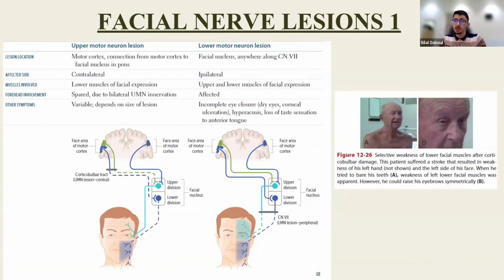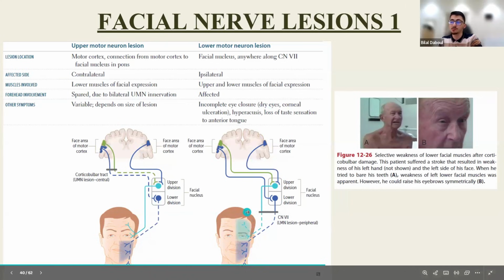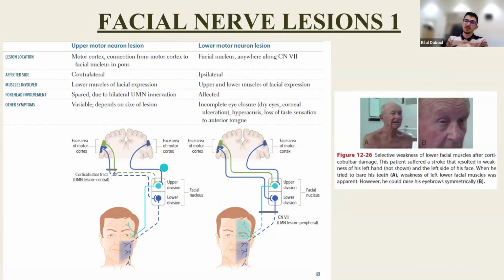What you need to take from this is an upper motor neuron lesion will always spare the forehead. However, a lower motor neuron lesion will cause facial hemiparesis, meaning one side of the face is completely paralyzed. So the patient will be able to produce wrinkles on one side, but it's very difficult to produce wrinkles on the other side. Another point is this is a central issue, a cortical or corticobulbar issue, and this is a facial nerve issue.